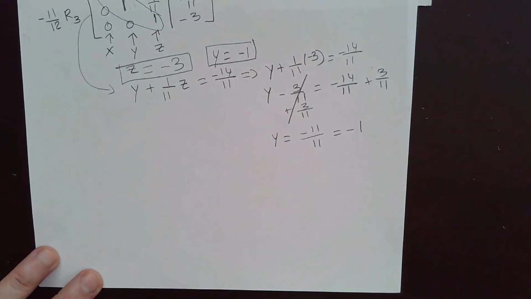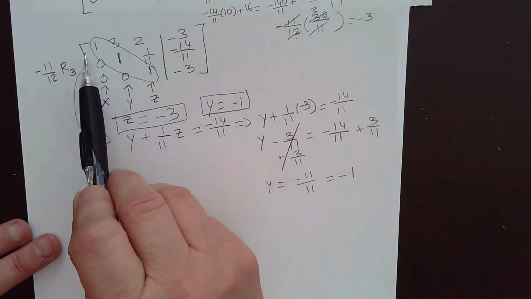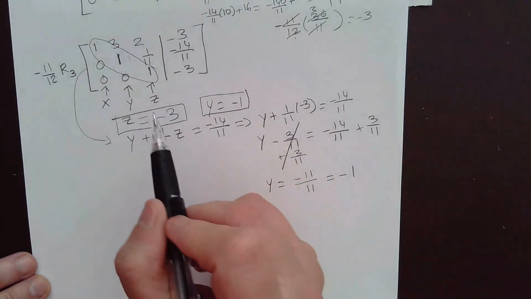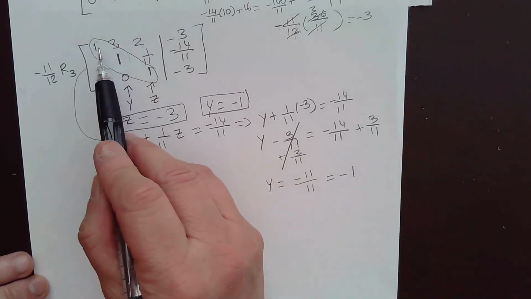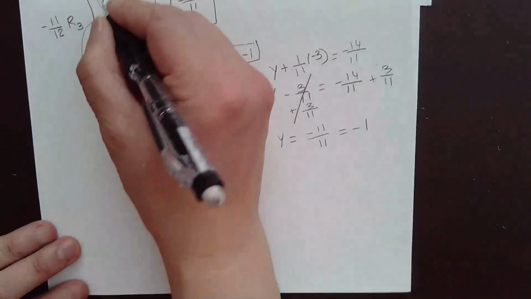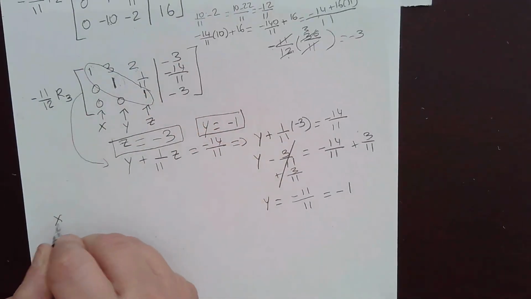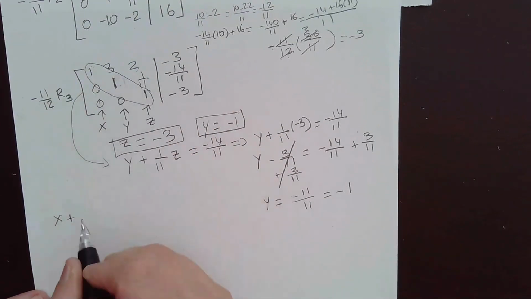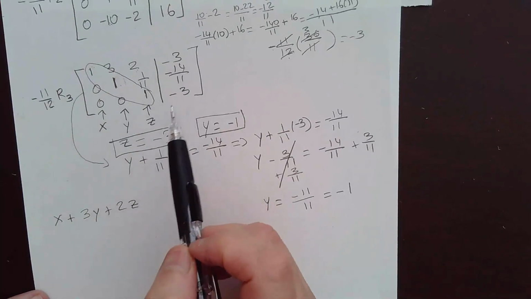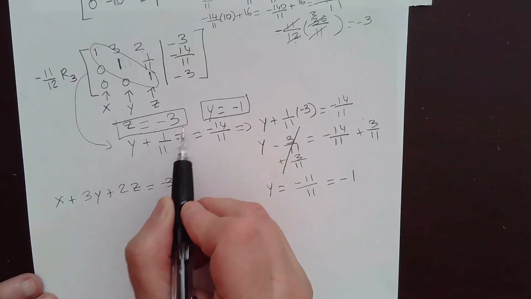Okay, so we are good with this. And now we go to the first row, and that will help us solve x because we have y and z. Remember, these are the coefficients of x, y, and z. So we have x plus 3y plus 2z equal to negative 3.